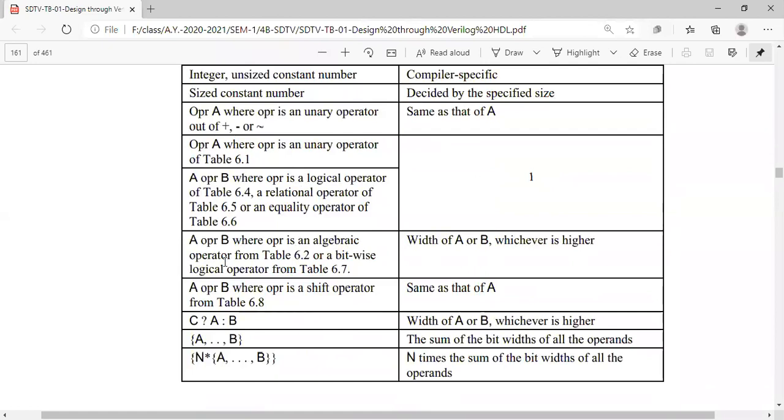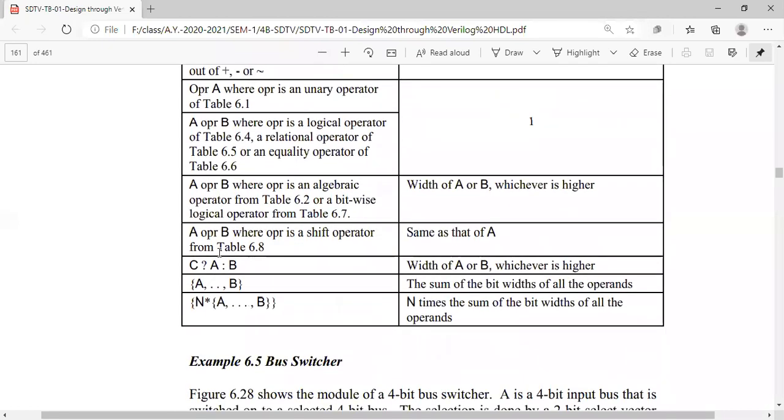If you have algebraic expressions, then the highest one will be considered. And if you have a operator b with a shift operator, if a has to be shifted, we have already seen the right shift and left shift symbols. A operator, right shift or left shift, and we generally use small b there.